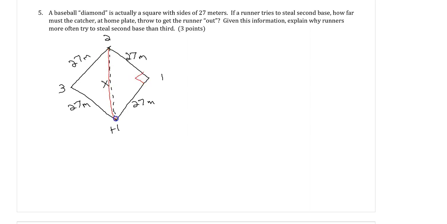Squares have right angles. Right? So there's my right triangle. I'm looking for my hypotenuse, and I have A and B here. A squared plus B squared equals C squared. A is 27, B is 27, and C is just what I'm looking for.